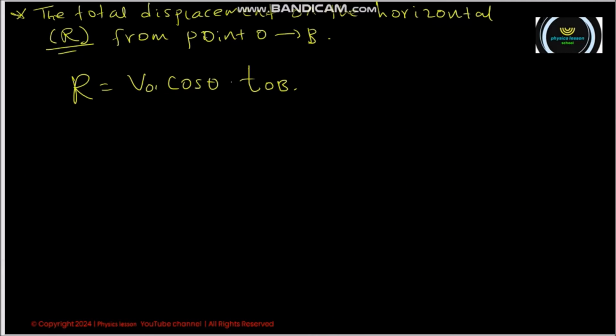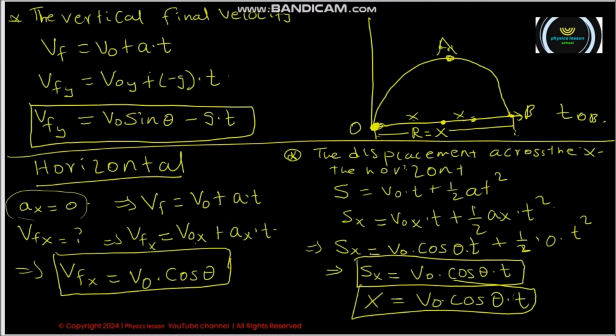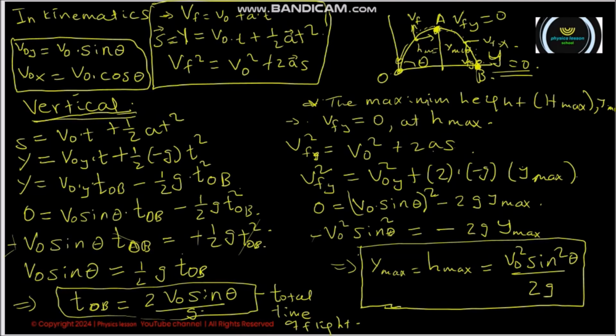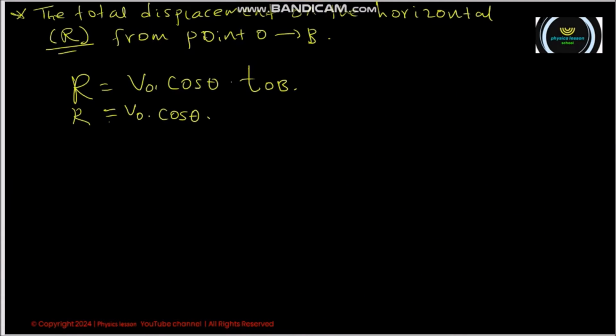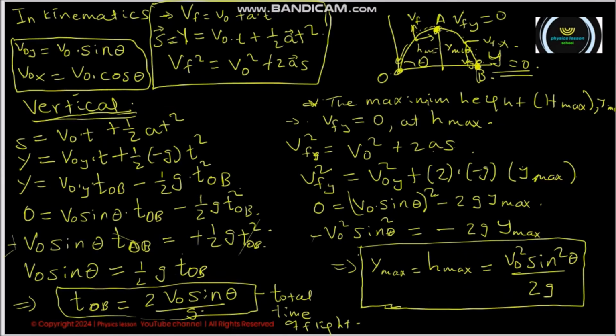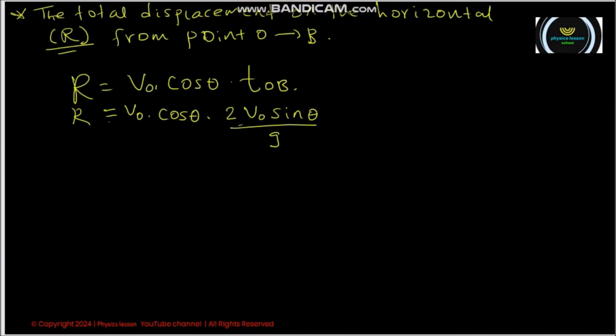Now let us substitute, which is equal to v naught times cos theta times 2 v naught sin theta over g.